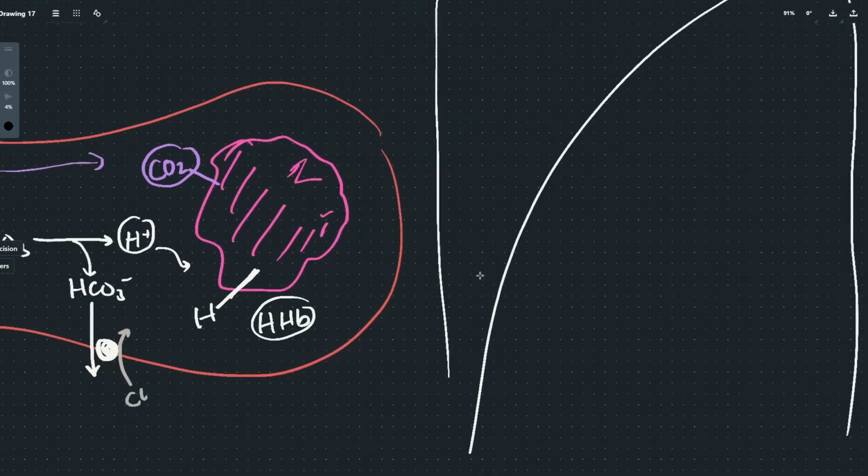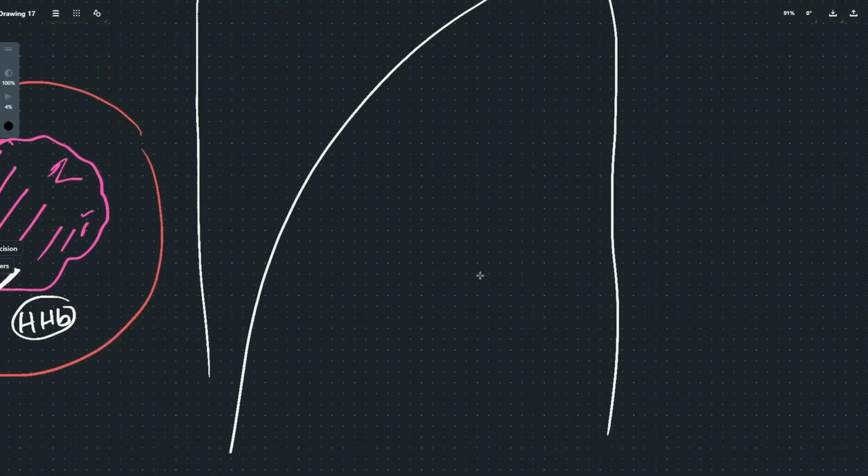Now this same RBC comes into the vasculature of the lungs. Here we have again this same red blood cell. Here it will unload from its hemoglobin. Okay, let me draw the hemoglobin.